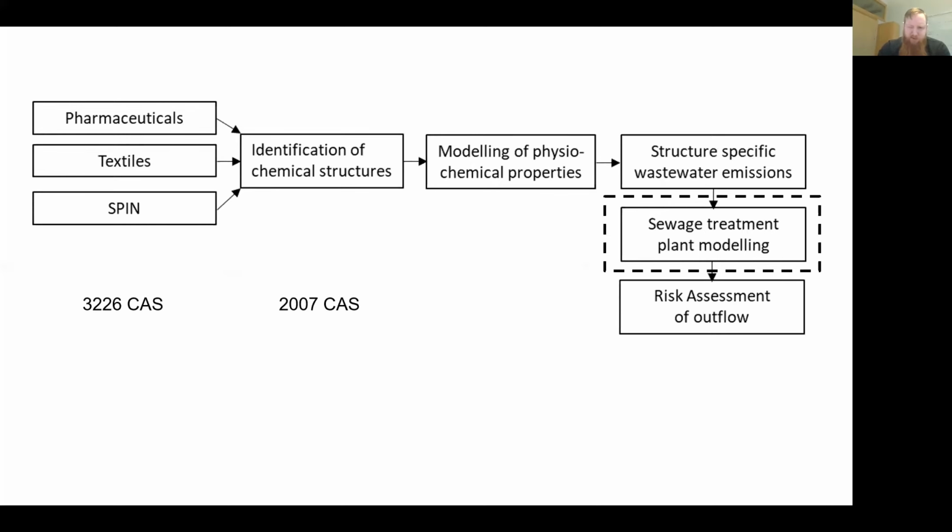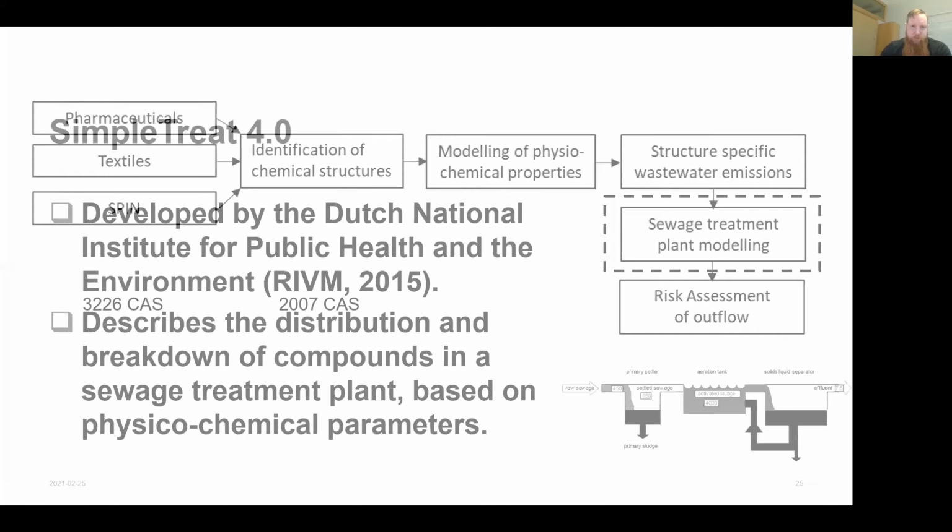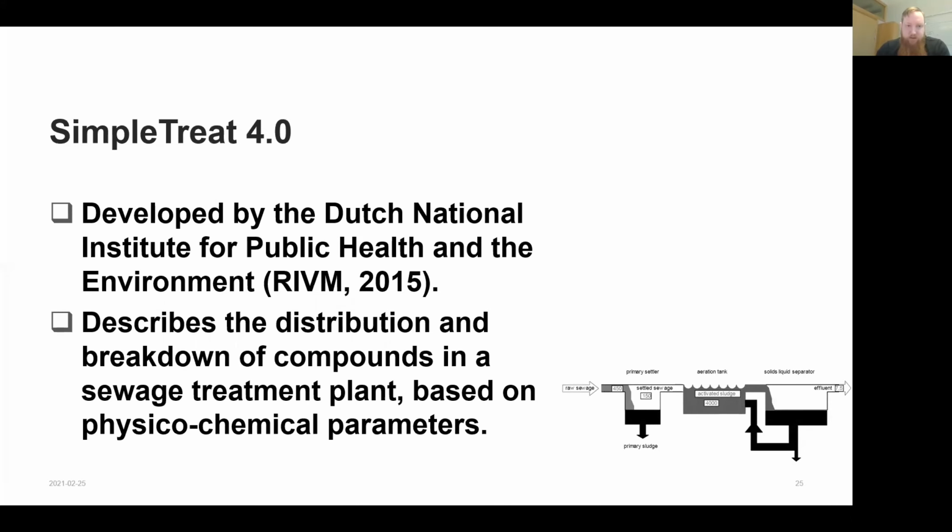What we're actually interested in is what comes out of a sewage treatment plant. So we need some kind of sewage treatment plant model on the way here. And what we're going to use is SimpleTreat 4, which was developed by the National Institute for Public Health and the Environment. Once again, this is simply a model that describes the distribution and breakdown of a compound in a sewage treatment plant, based on its physiochemical parameters. This is a program which is used in European Union regulatory settings, as far as I've understood.